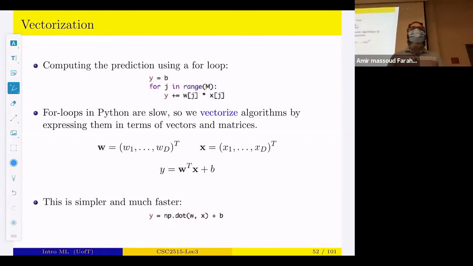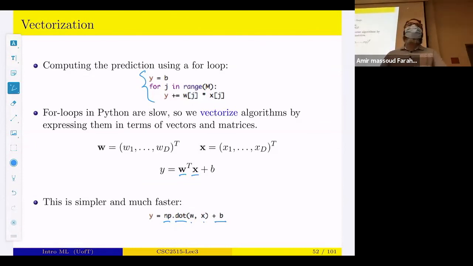But if you write for loops in Python, it would be very, very slow. But if you write it in the form of matrices and use packages like NumPy, and you want to multiply W and X, you write it as NumPy dot of W and X plus, say, bias, that would be much, much faster.